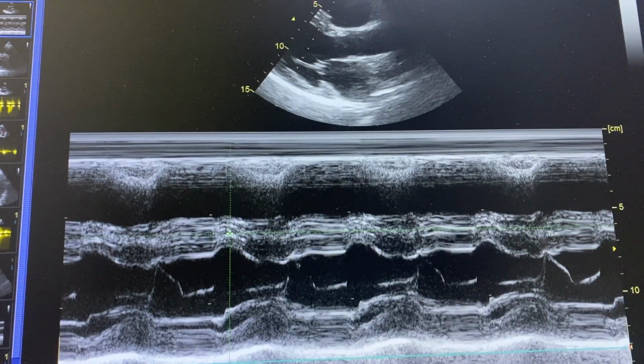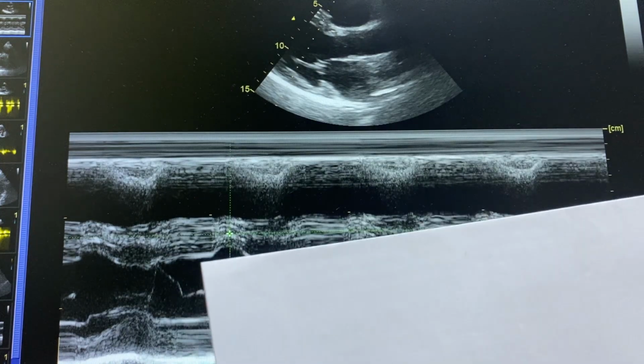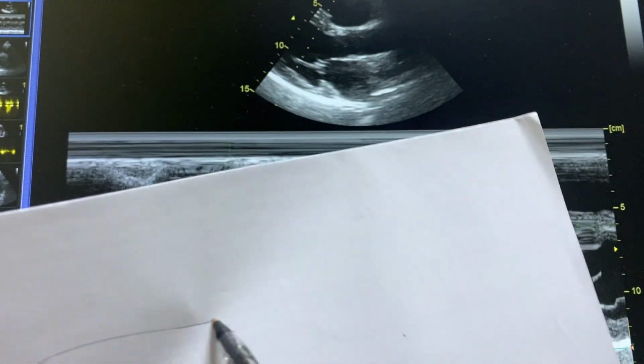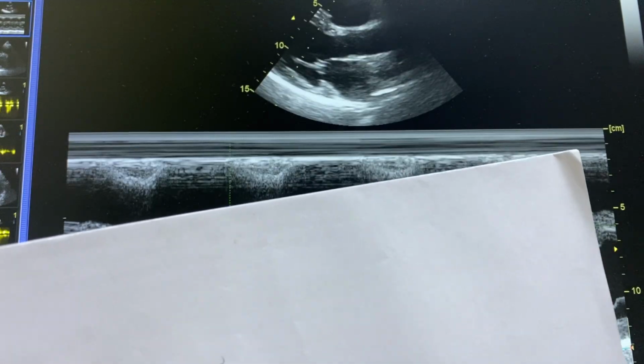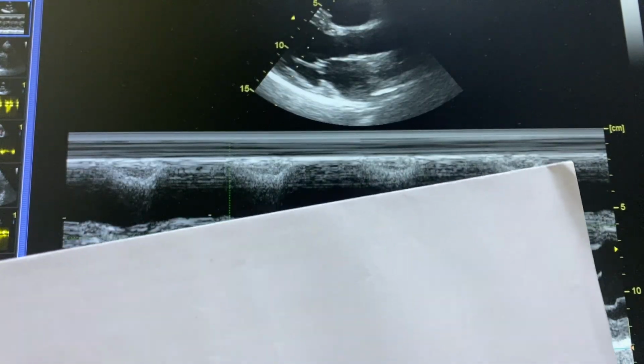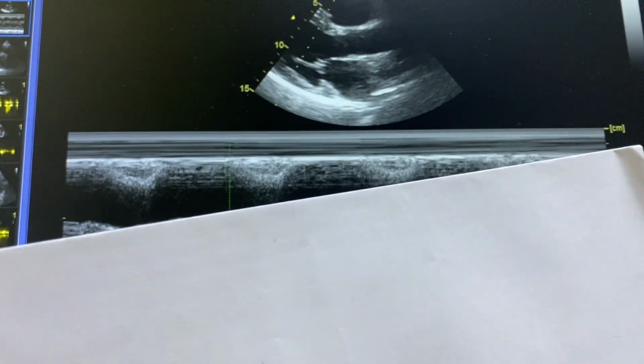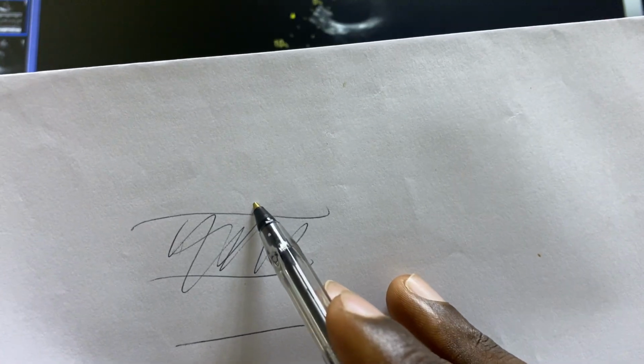I told you the other time that even if you draw a line like this, it should have a leading edge and a trailing edge. So now this is IVS. It has its leading edge and its trailing edge.